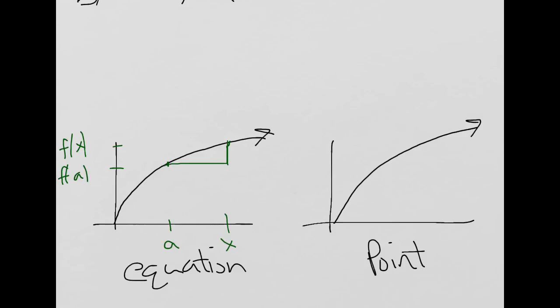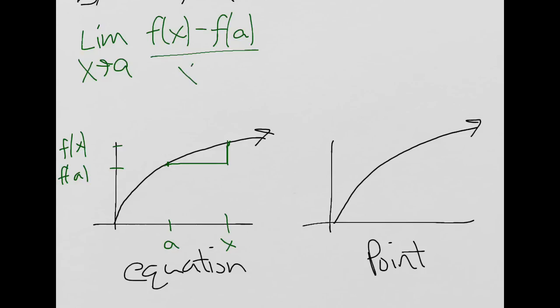Now, this is pretty identical to the one that I talked about in the last video, but I'm going to do it really quickly. The derivative for this particular spot would be the limit as x approaches a of f of x minus f of a all over x minus a.